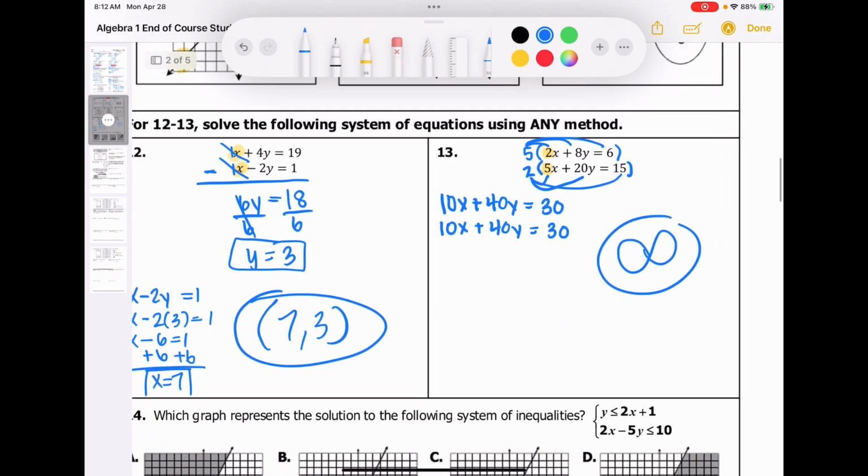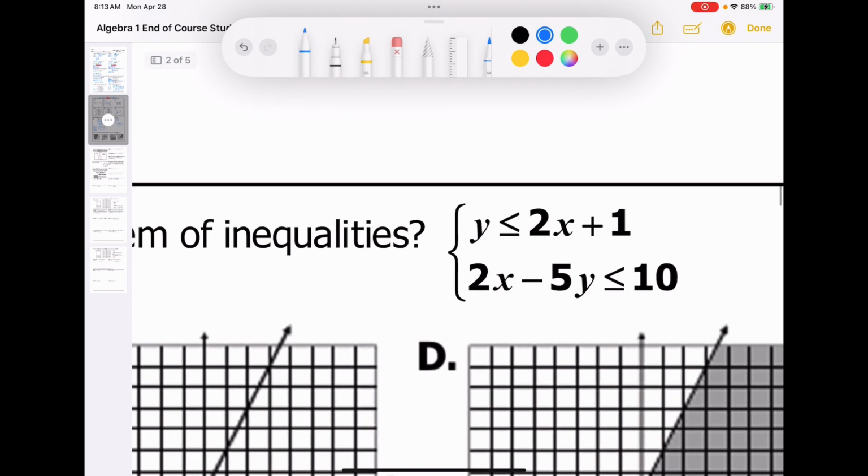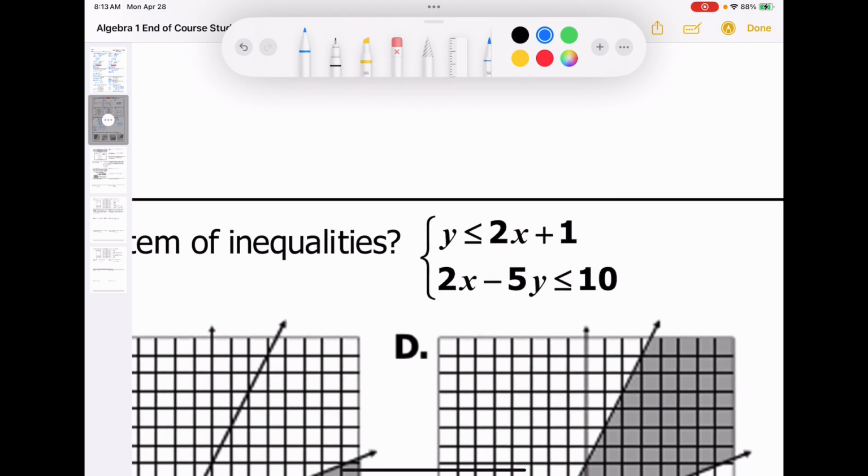All right. Number 14 says, which graph represents the solution to the following inequality? So remember, for inequalities, you shade above or below. So we have y is less than or equal to 2x plus 1. So less than or equal to, since it's less than, means I'm going to shade below.